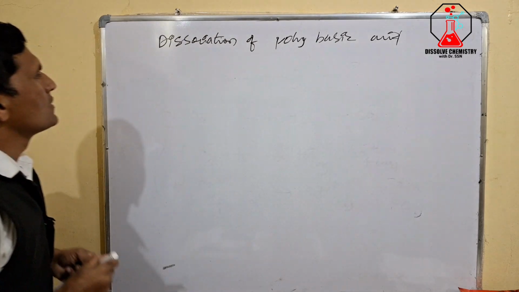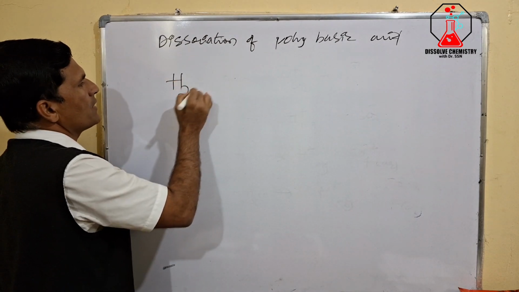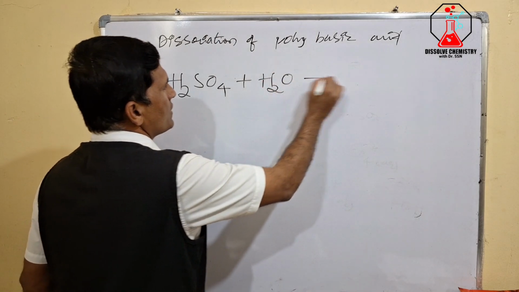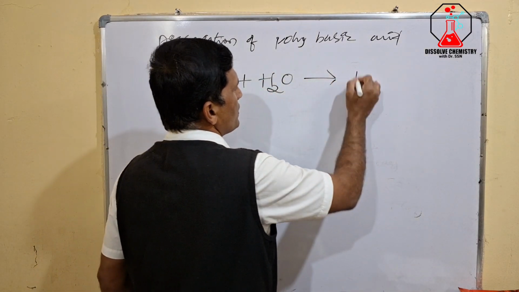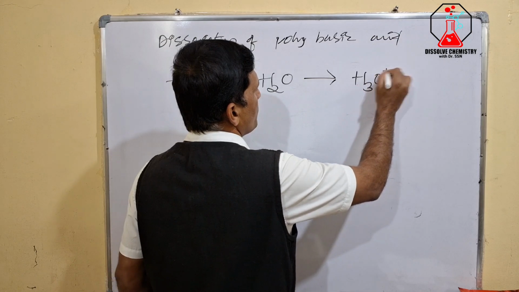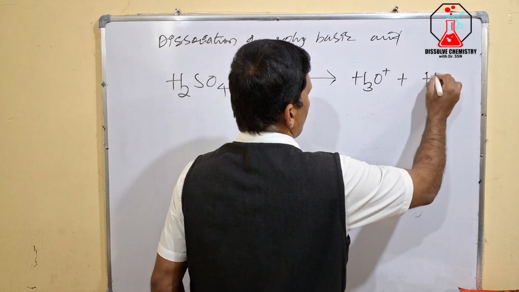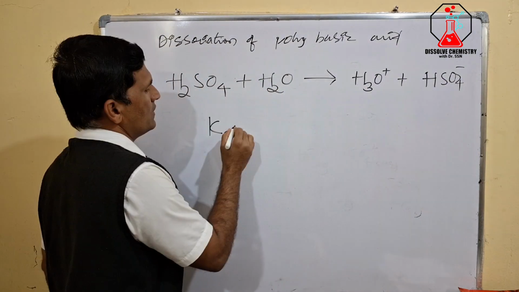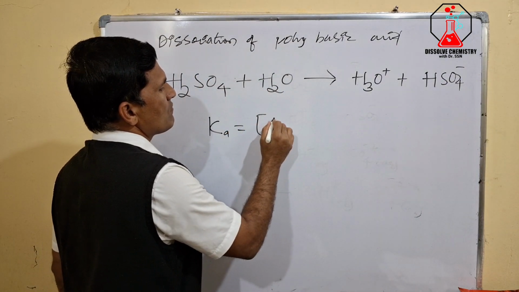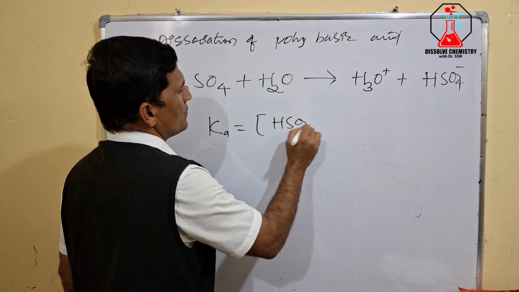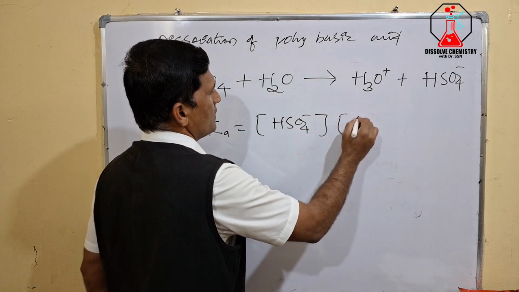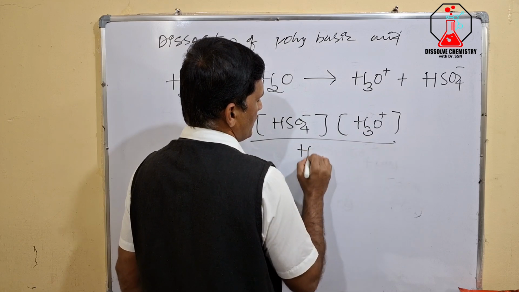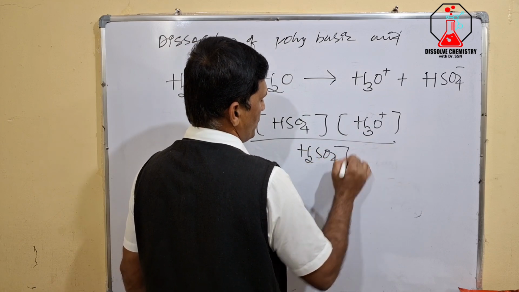Suppose H2SO4 is dissolved in water. It will dissociate to give H3O+ plus HSO4-. So Ka is equal to the concentration of HSO4- times H3O+ divided by H2SO4.